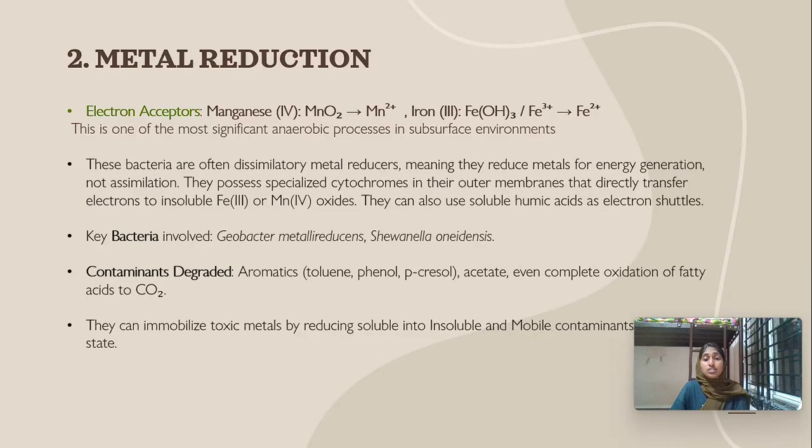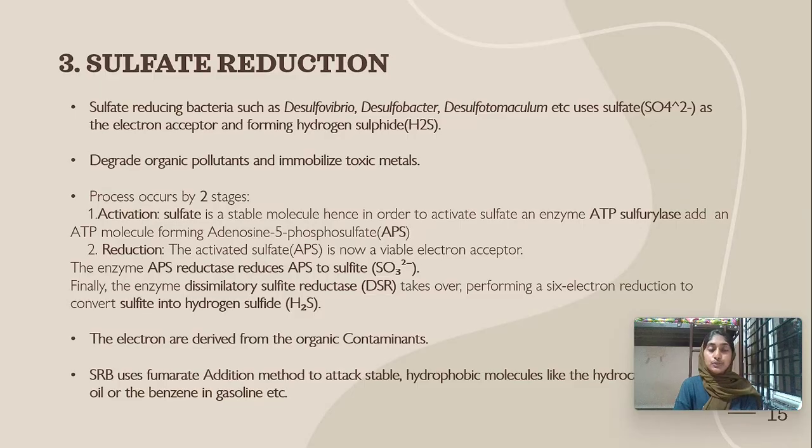Even complete oxidation of fatty acids to carbon dioxide can be attained by metal reduction. In the metal reduction process, the organisms can immobilize toxic metals by reducing soluble, mobile contaminants into immobile states.